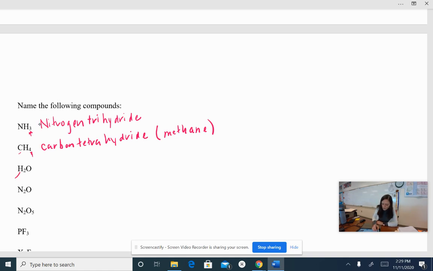Now, on water, we actually do have 2 of our first element. So we can call this dihydrogen. And then we only have one oxygen. So this is going to be mon, or one oxide. Now, we want to put the mono and then oxide.